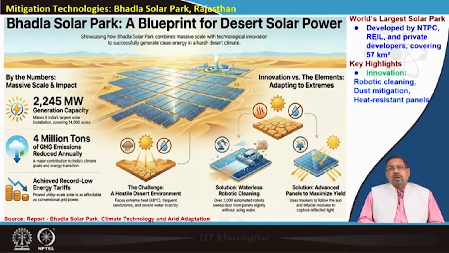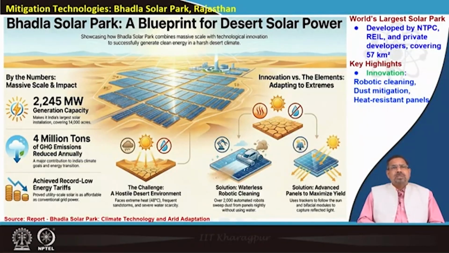This is one of the world's largest solar parks, developed by the integration of NTPC (National Thermal Power Corporation), REIL (Renewable Energy India Limited), and various private developers, covering 57 square kilometers of area. By the numbers it is a massive scale, and the world's largest solar park is in India.